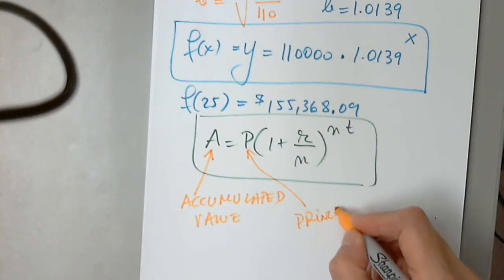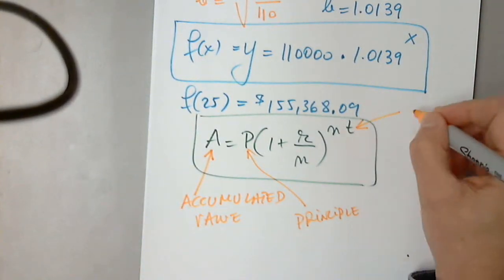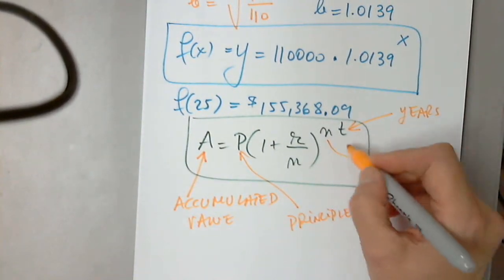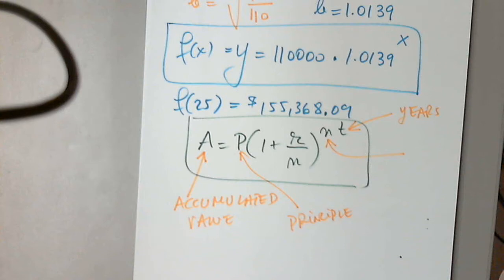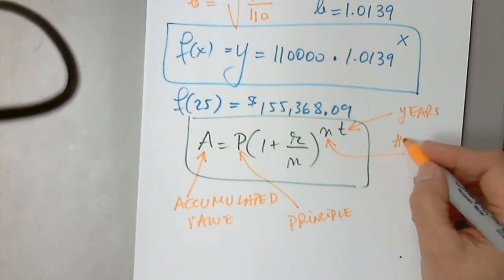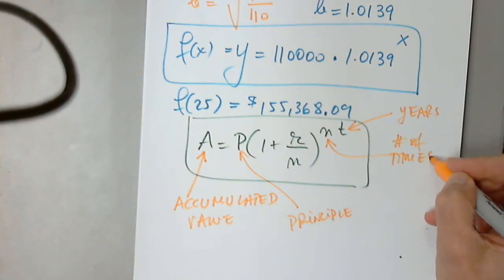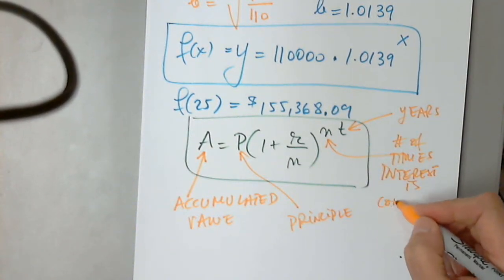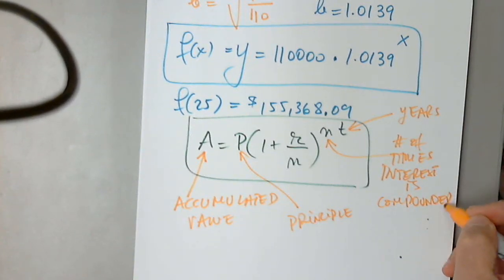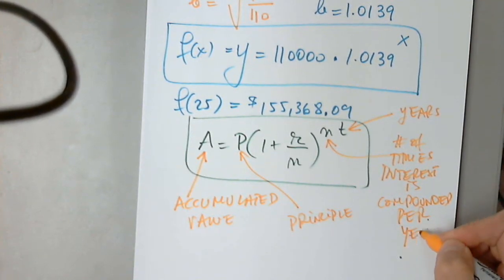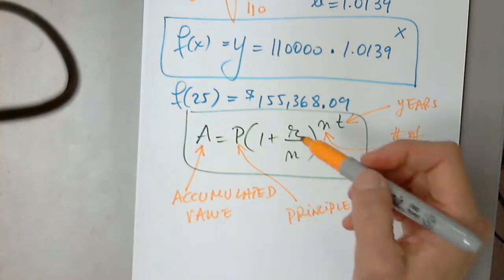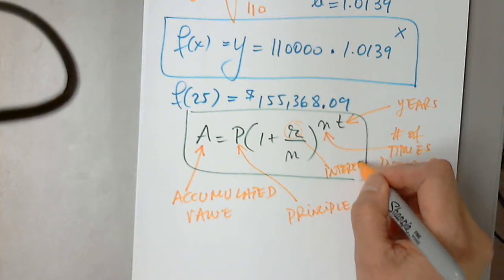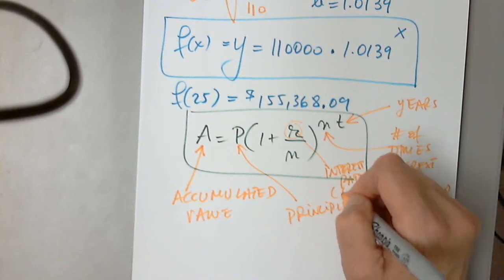This is the time in years. This is the number of times the interest is compounded per year. R is the interest rate. In this case, the APR.